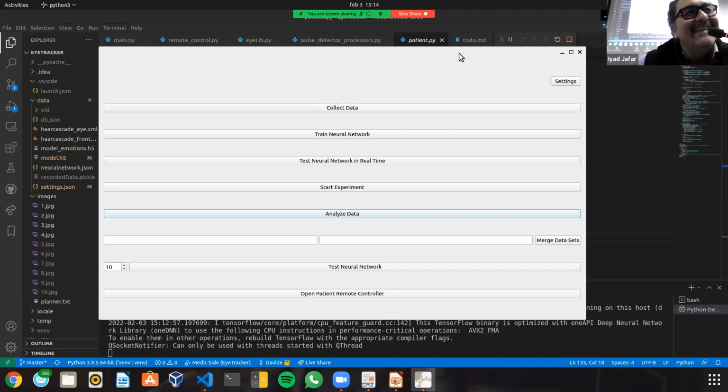So basically, we still have the laptop with the webcam, and using the neural network, we can predict where the user is looking with just 1 minute of training, basically. So that's it.